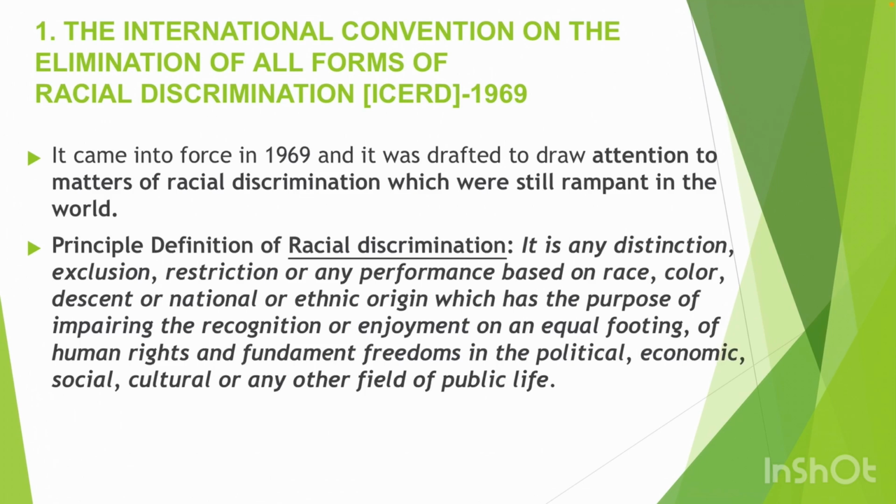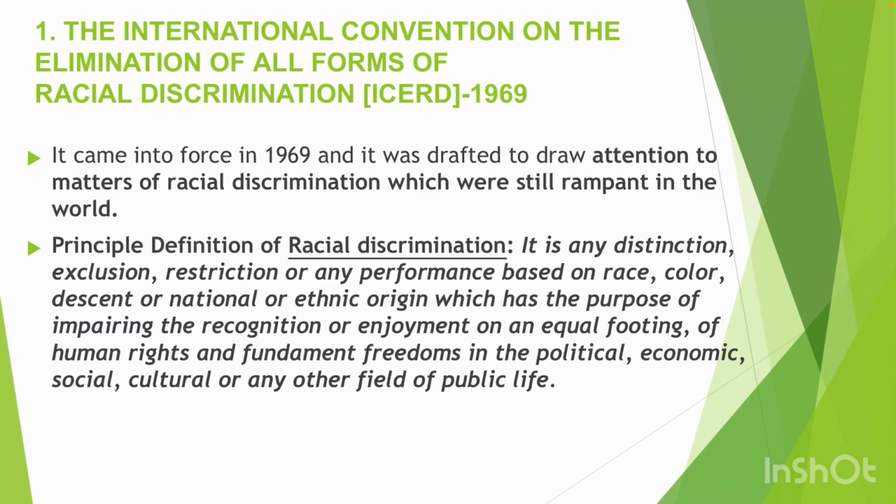I said these are called specialized human rights instruments. Why? They only deal with a particular human rights issue or group of people. So this one is only dealing with racial discrimination. It came into force in 1969, and it was drafted to draw attention to matters of racial discrimination which were still rampant in the world.